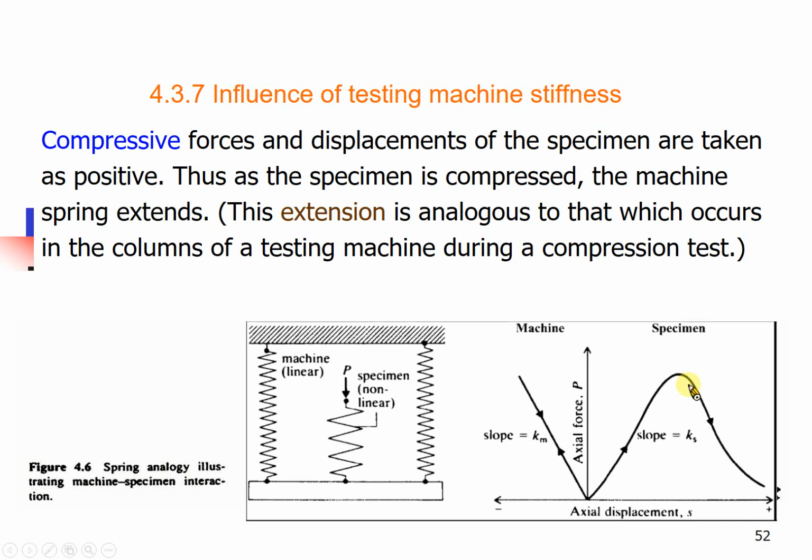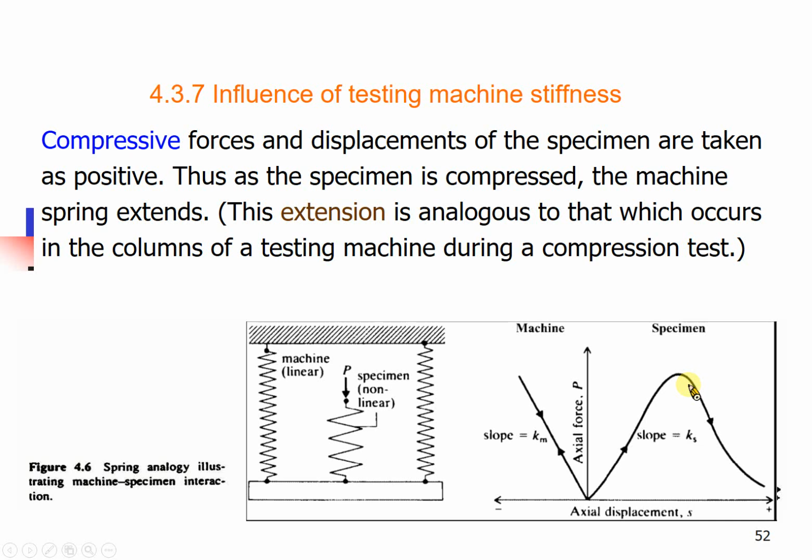If the strength increases a little bit after the peak, and you have a very stiff machine, then with a small displacement you will have a very large drop in the load because you have a stiff machine.